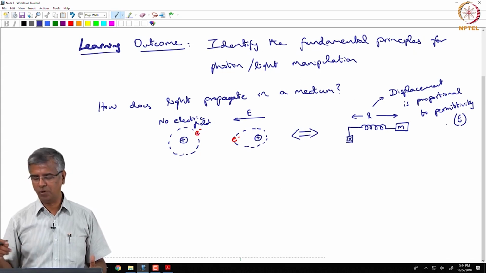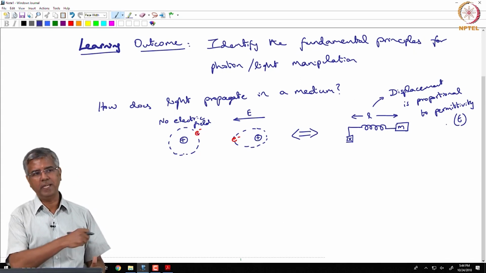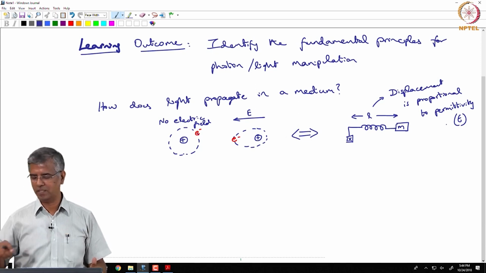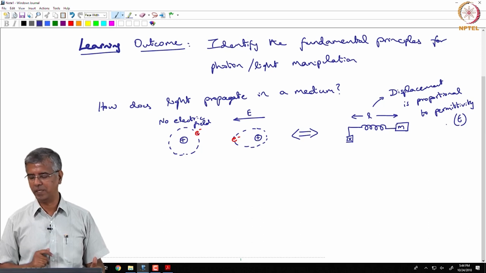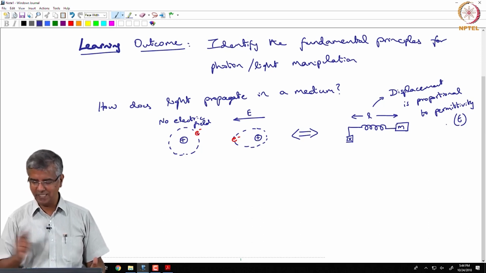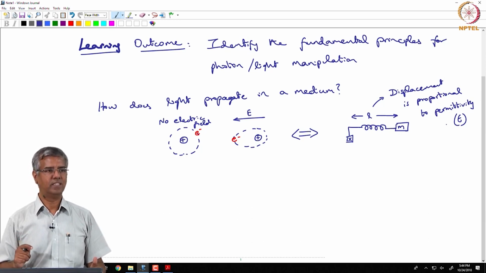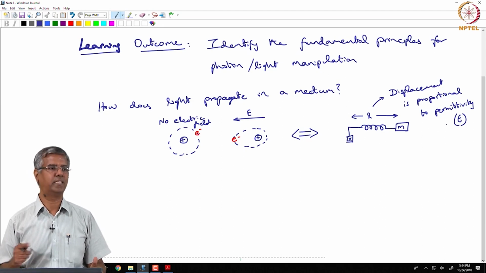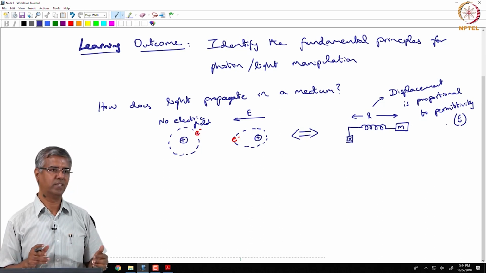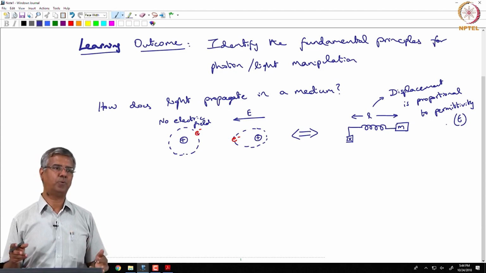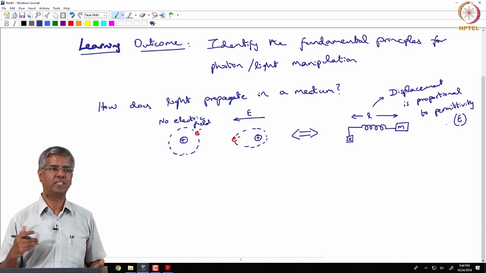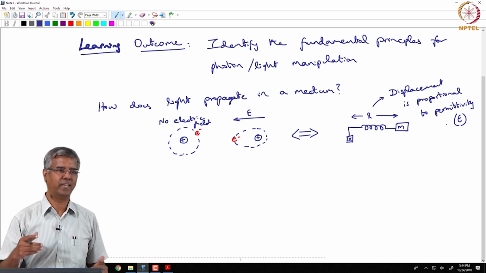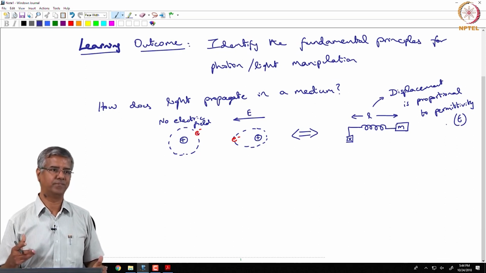So, if you pull at this speed, correspondingly the mass is getting displaced at that speed. Now, if my excitation is like this, that mass may not be able to follow that excitation. So, there will be a delay in the response, and whenever there is a delay in the response, you are essentially saying that there is some energy loss that is happening.